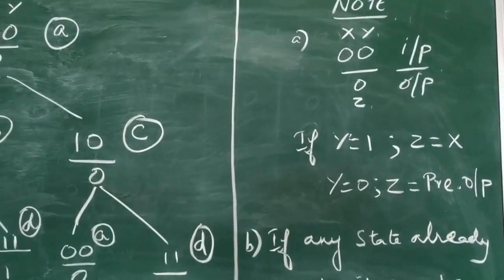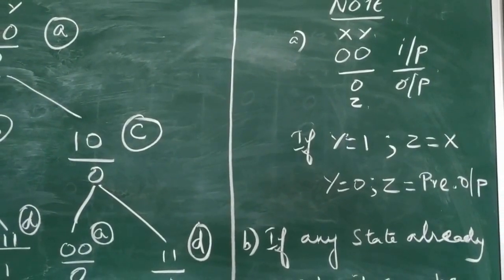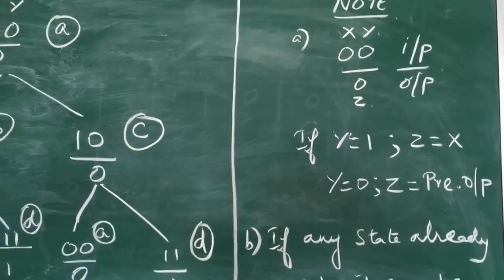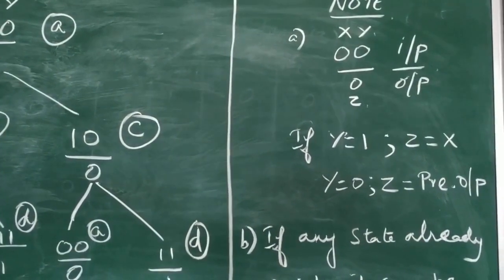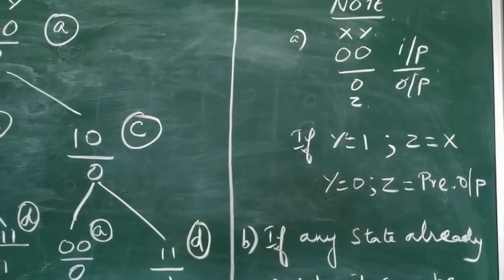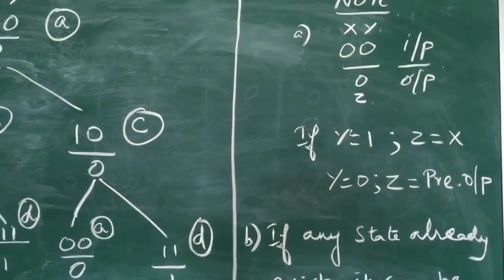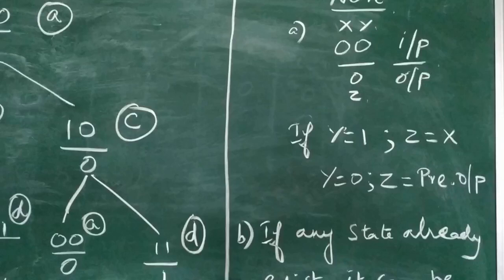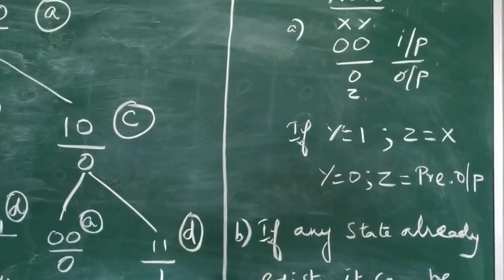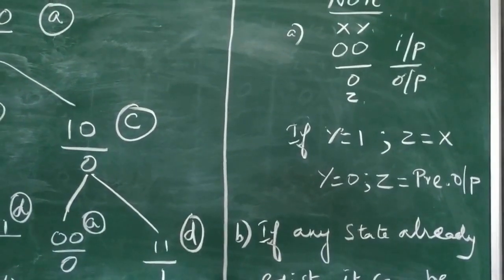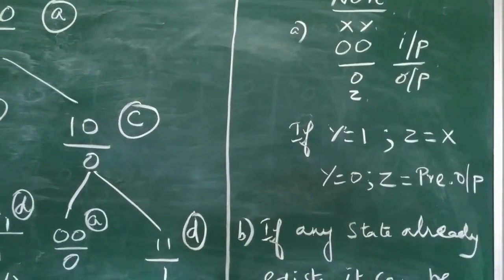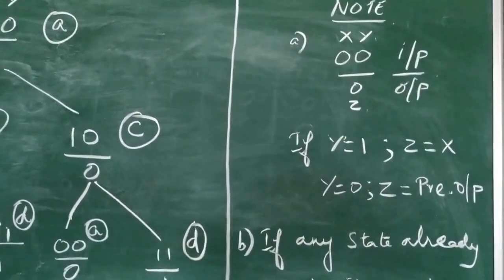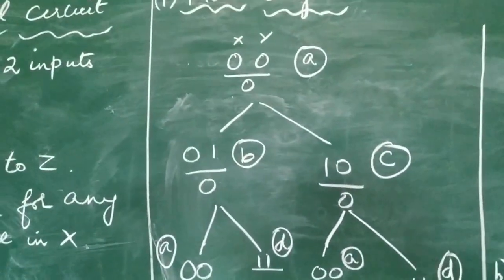Why have I given it as previous output? It is given in the problem. z does not change if the input y is equal to 0. What does it mean if the output z does not change? It means it is going to stay in the previous output. It will not show any remarkable change. Okay, so with this thought, we will start the flow diagram.